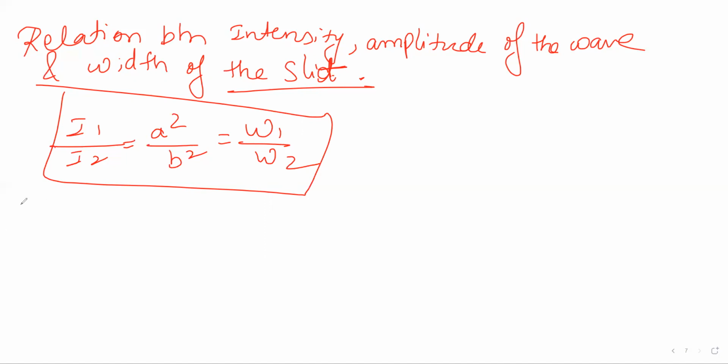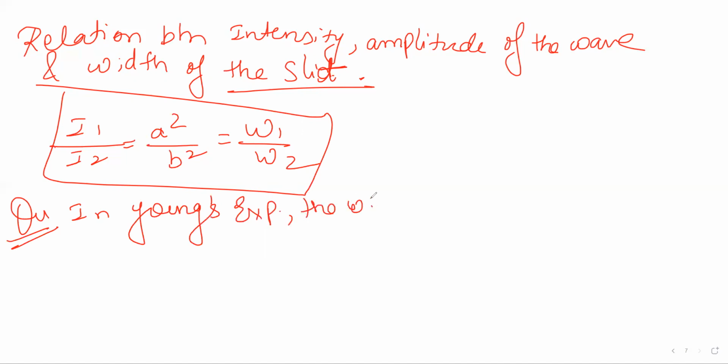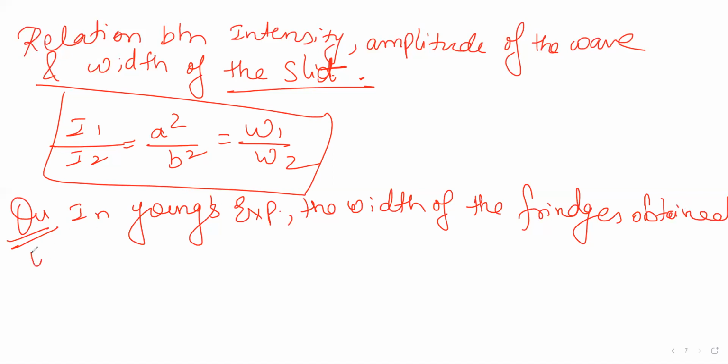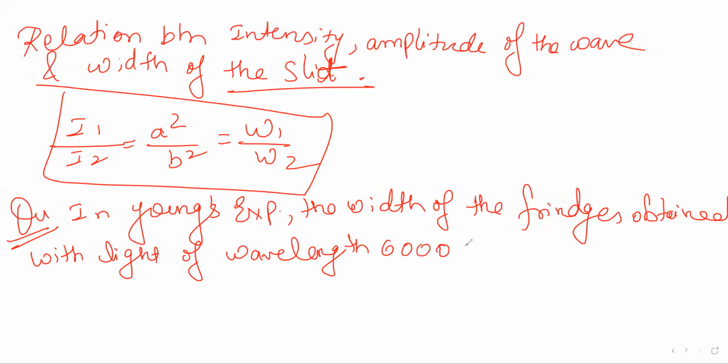Now, today's homework question. In Young's experiment, the width of the fringes obtained with light of wavelength 6,000 angstrom is 2 millimeter.